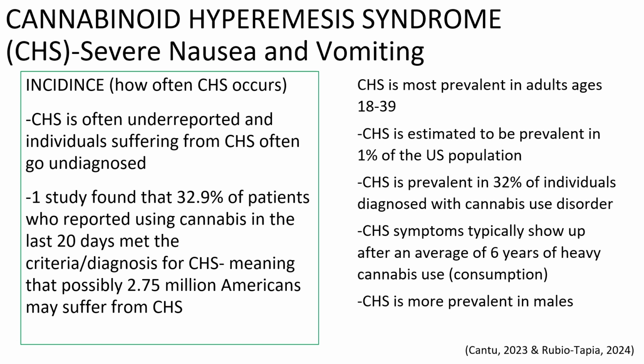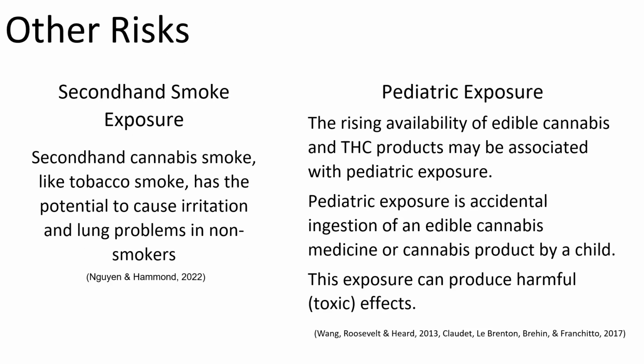32% of individuals diagnosed with cannabis use disorder have CHS. CHS symptoms typically show up after an average of 6 years of heavy cannabis consumption, and CHS is more prevalent in males. Other risks: secondhand smoke exposure and pediatric exposure.